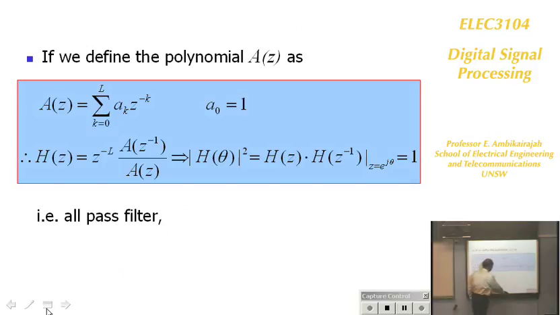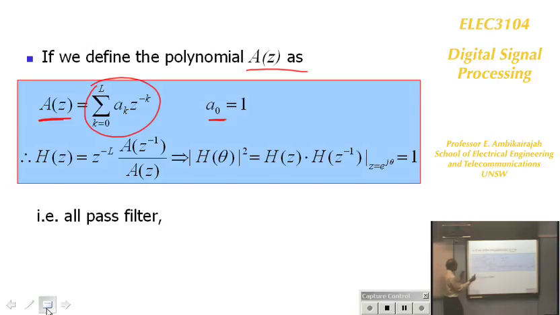So we define a polynomial A of z as this, where A naught is 1. And then you have a polynomial H of z, which is equal to z to the minus L A of z to the minus 1 divided by A of z.